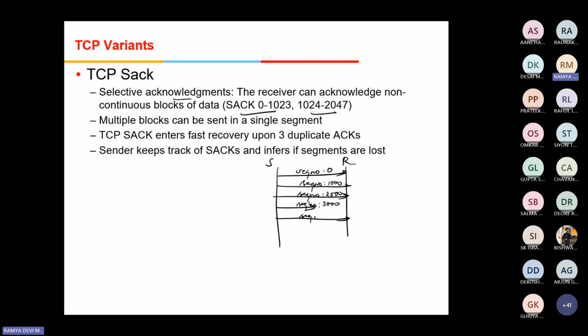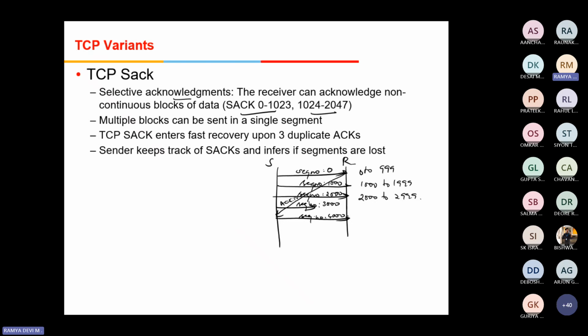The next sequence number is 4000. What does it mean? Bytes 0 to 999 are received, 1000 to 1999 are received, and 2000 to 2999 are received. So what will be the acknowledgement for this packet?